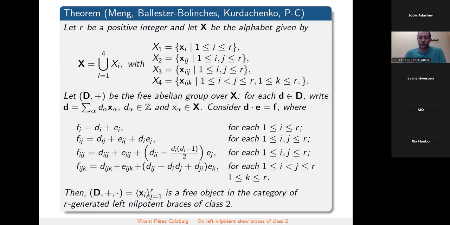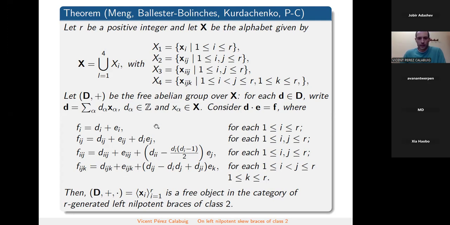In addition, it is left nilpotent of class 2, and any r-generated left nilpotent brace of class 2 is a quotient of our constructed free object.